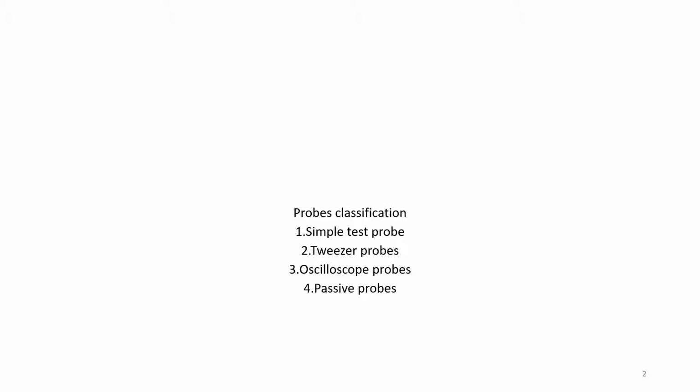Matching the time constants makes the attenuation independent of frequency. Also, at low frequencies, the circuit looks like a resistance divider. At higher frequencies, the circuit looks like a capacitive divider.